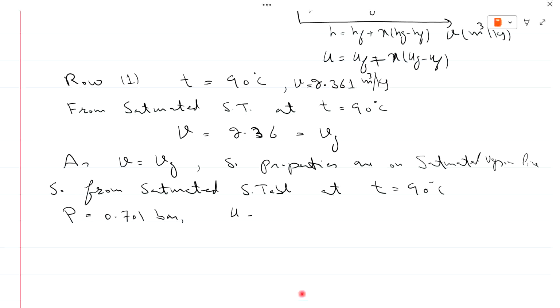Internal energy U is equal to Ug, which is 2494 kilojoule per kg. H is equal to Hg, which is 2660.1 kilojoule per kg, and dryness fraction x is equal to 1 on the saturated vapor line.